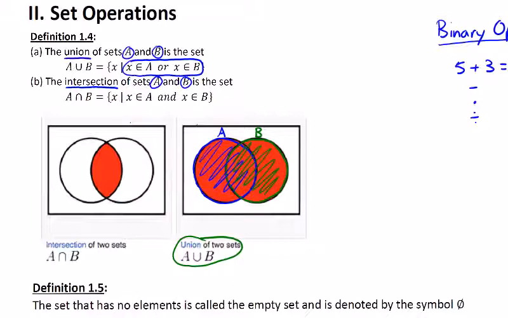And the symbol for this is what looks like the upside down U. It is also defined by using a compound statement. The compound statement is an AND compound statement. So that means that both of these statements have to be true in order for an element to be a member of the intersection.